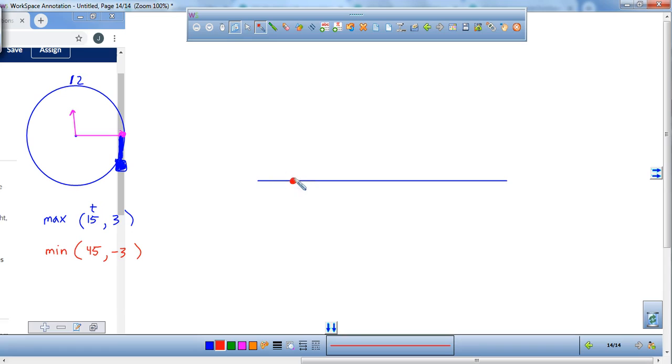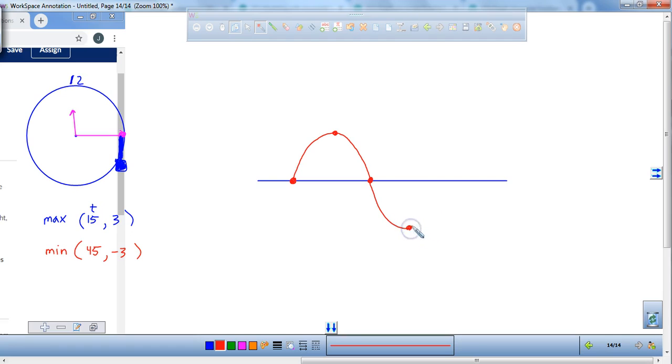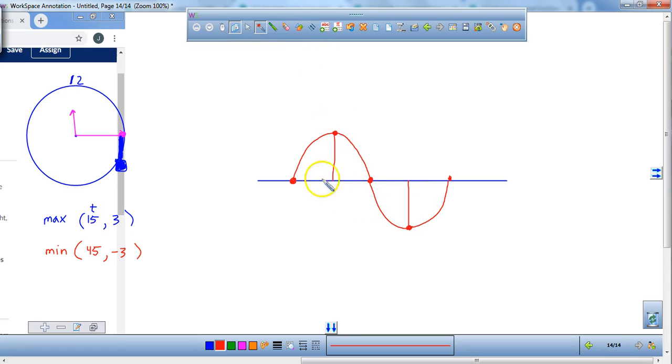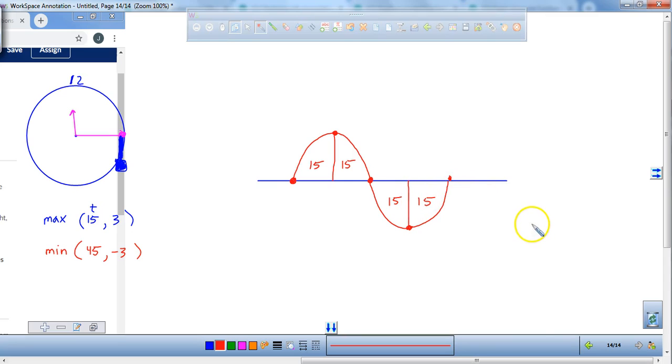You start out at the midline, then it reaches its maximum, goes down to its minimum, which is right here, and then eventually it reaches up back to its maximum once again. But right now, I'm going to break it down into 15-minute intervals. Each of these is 15 minutes.